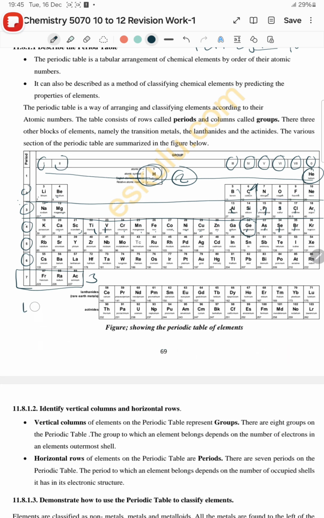So what are we saying now? What determines the period in which the element is found?